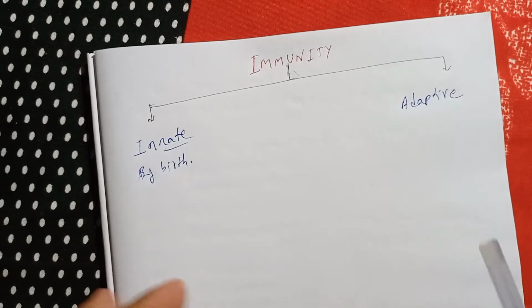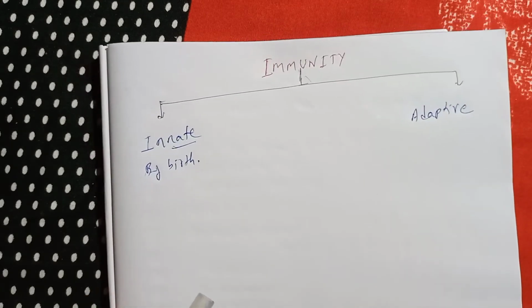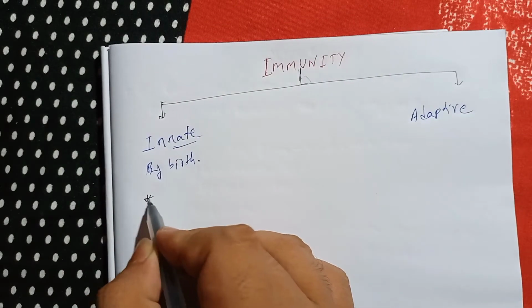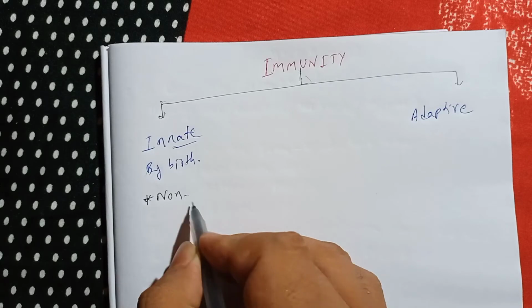Now there are some special features of innate immunity. We have to know all the features as much as we can, especially the important ones. First of all, they are non-specific.